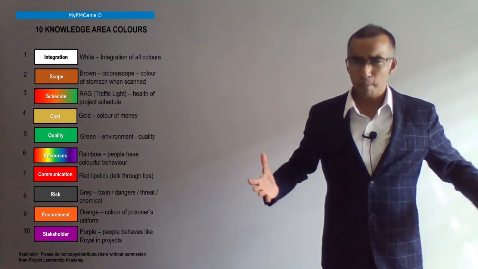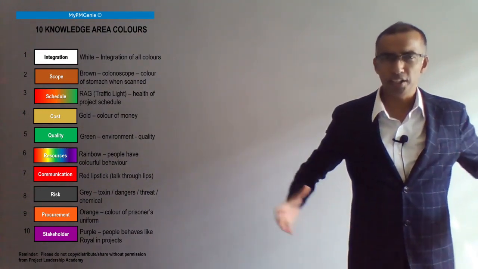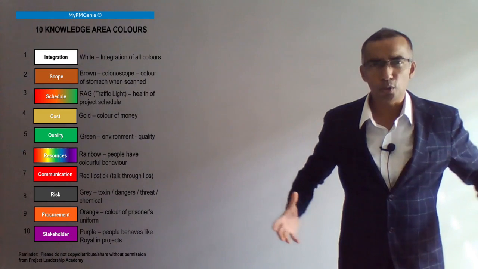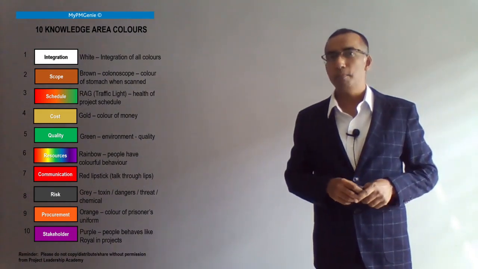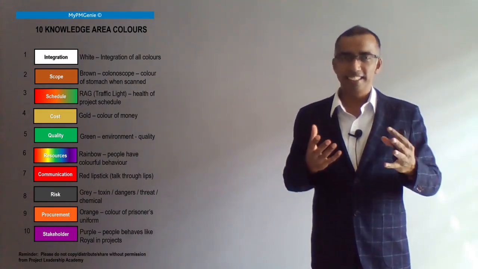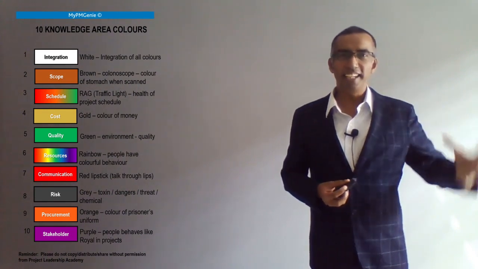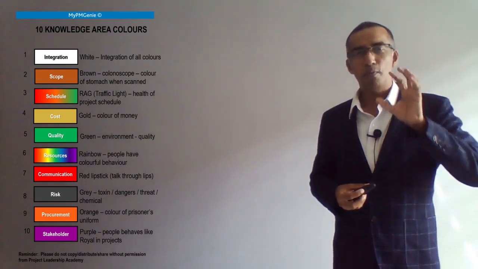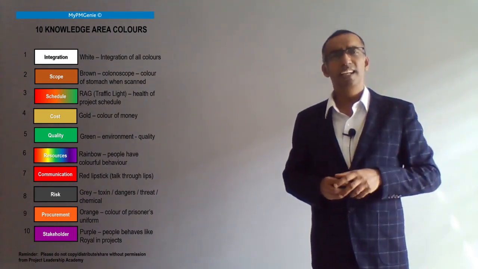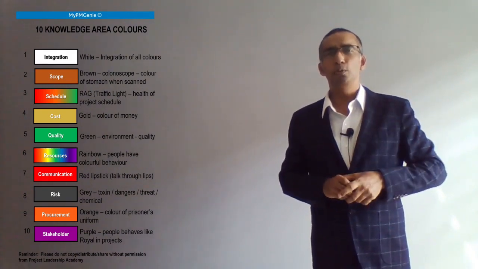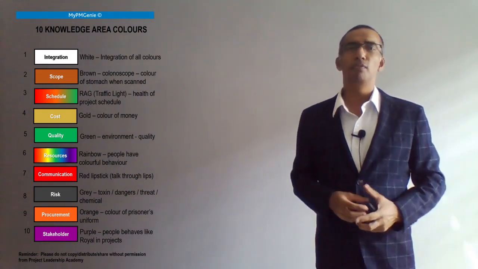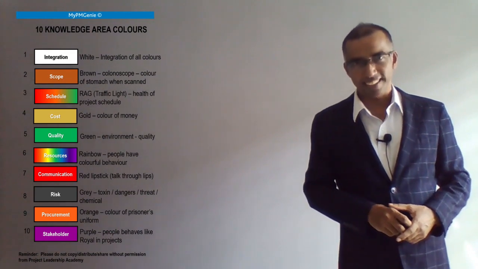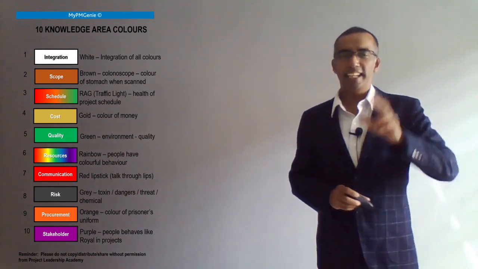So all of these sub-plan documents that you came up with, you need to consolidate into one master project plan. So that's part of the integration, isn't it? So integrating all of this will come out with a master project plan. So therefore, we use white color to indicate that this is a combination of all the other knowledge areas, right? So that's white.